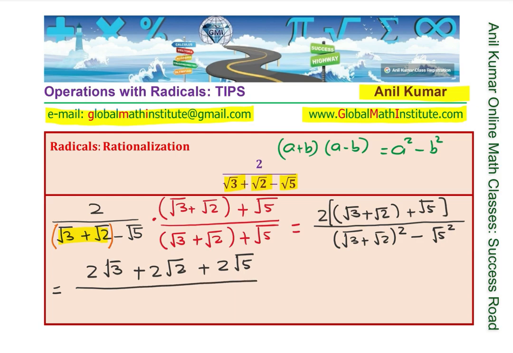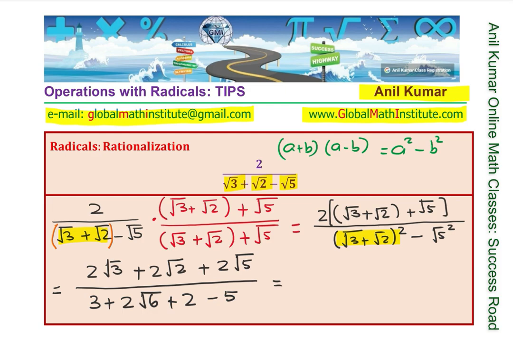So we have square root 5 square, just number 5, and we have this term which we need to expand further, which is like a plus b whole square. So we could write this as square root 3 square plus 2ab plus b square, right? That becomes 3 plus 2 times square root of 6, that is when we multiply 3 and 2, and plus 2, of course. And then here we have minus 5. So you see, we have really simplified it.